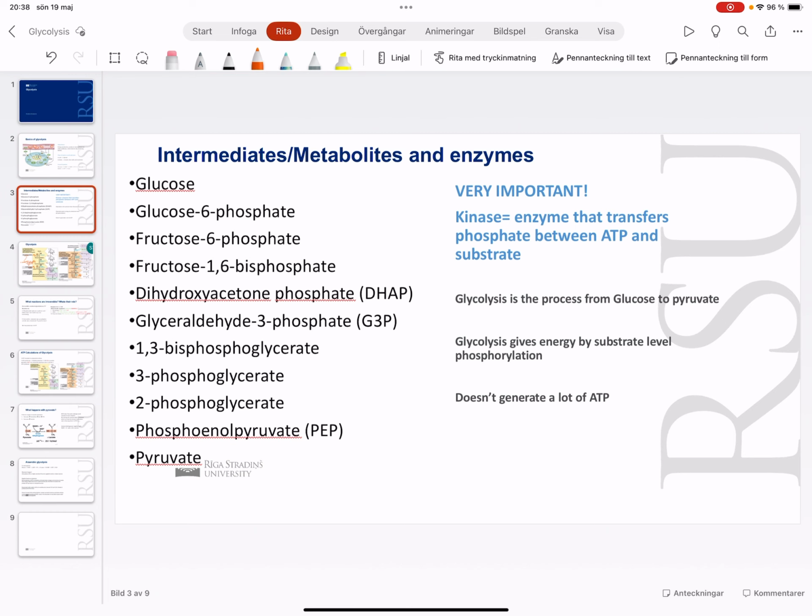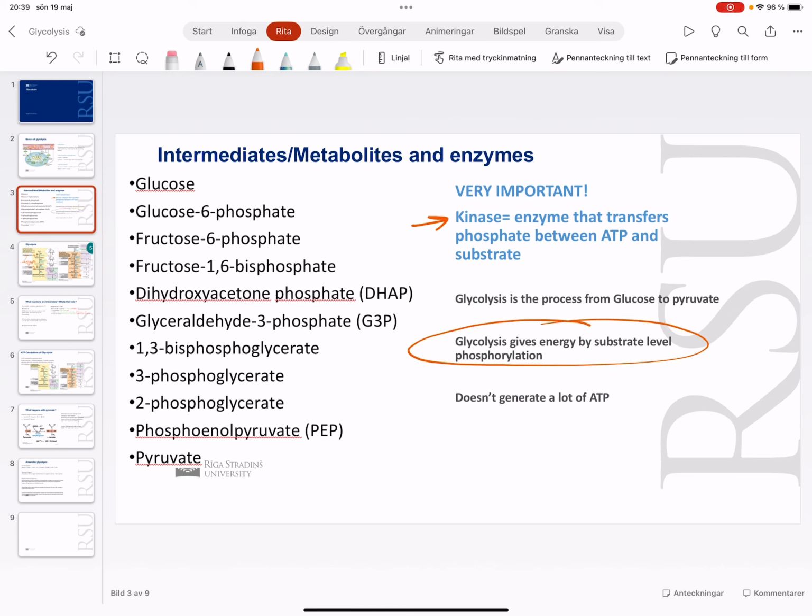There are also enzymes that help in converting these intermediates. A kinase, and this will come up later too, is an enzyme that transfers phosphate between ATP and a substrate. So please remember that. Glycolysis is the process from glucose to pyruvate.